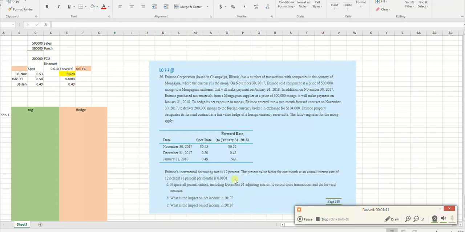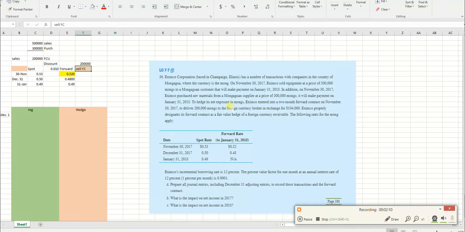I had 500,000 in sales, 300,000 in purchases, so my net outstanding is more sales than purchases. So I'm going to collect on my accounts receivable in the foreign currency. I'm going to pay off these, but then I also have to sell that foreign currency. So I'll have 200,000 excess foreign currency to sell. So that's how I'm going to hedge it.